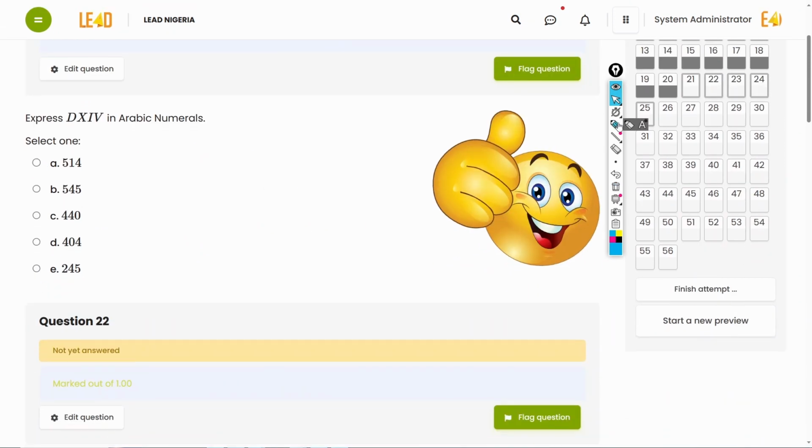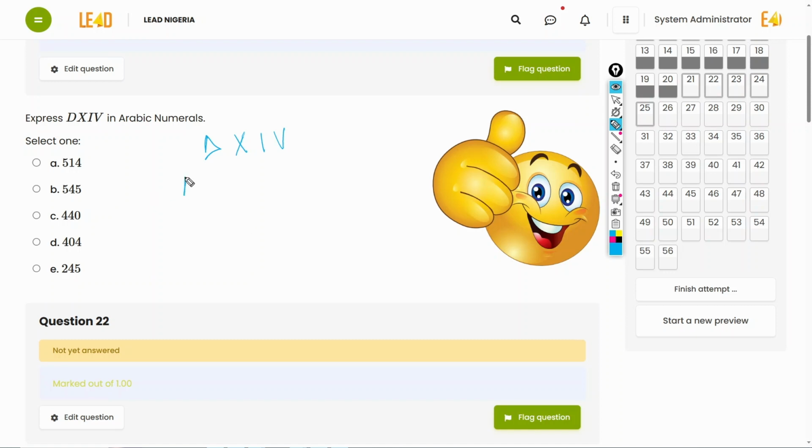Write DXIV in Arabic numerals. DXIV. We have to try to split this into parts.